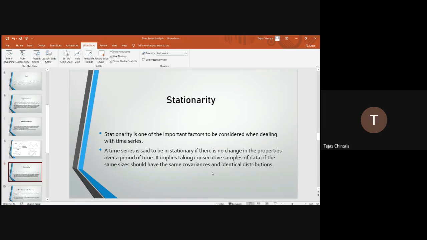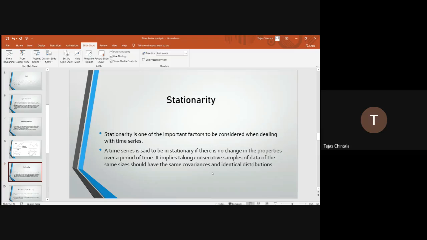It implies taking consecutive samples of data of the same size, and they should have the same covariances and identical distributions. From the name itself, stationarity means no change at all in the graph. The trajectory of the graph is the same for different time periods.